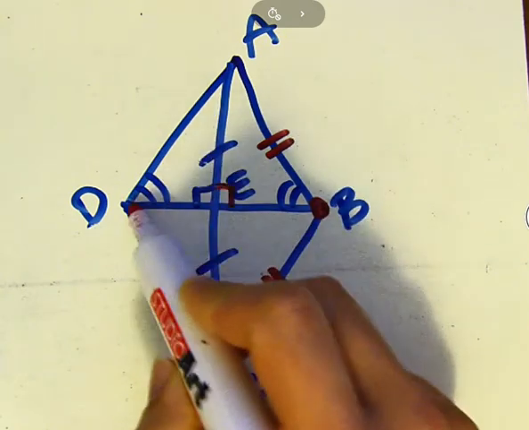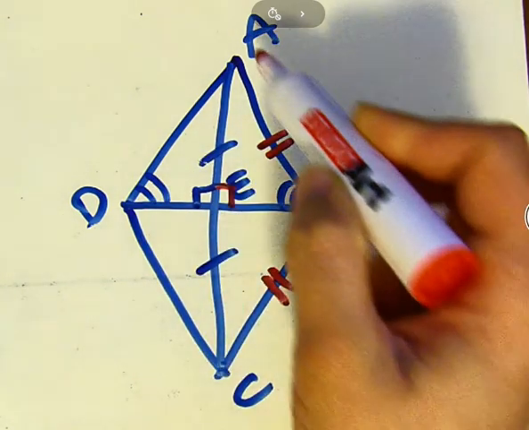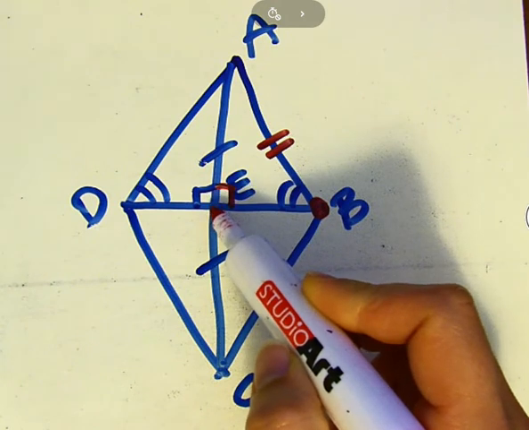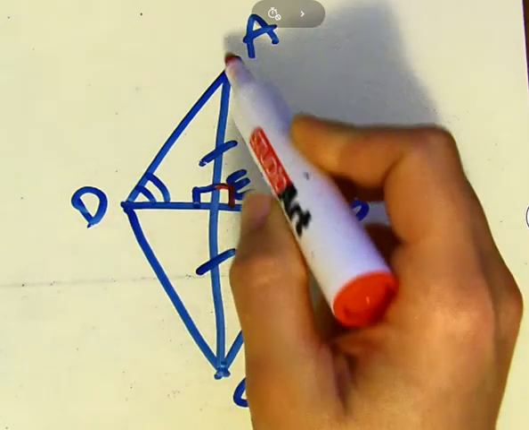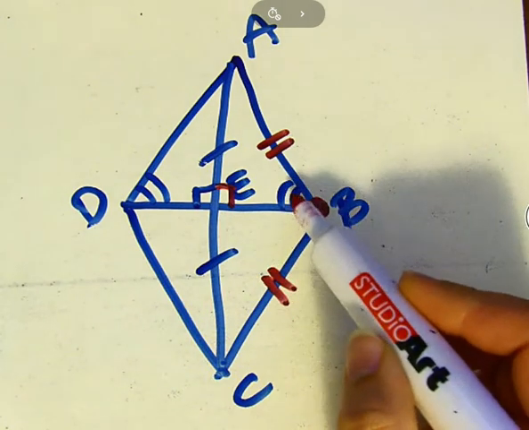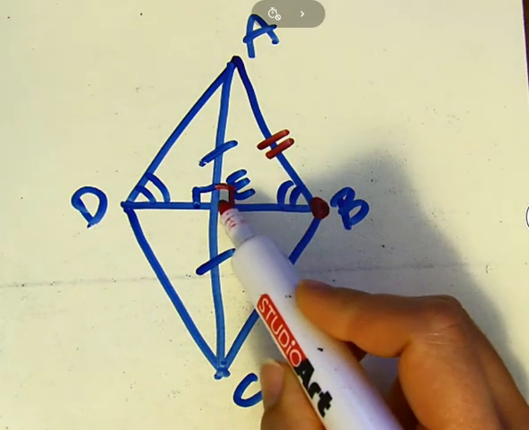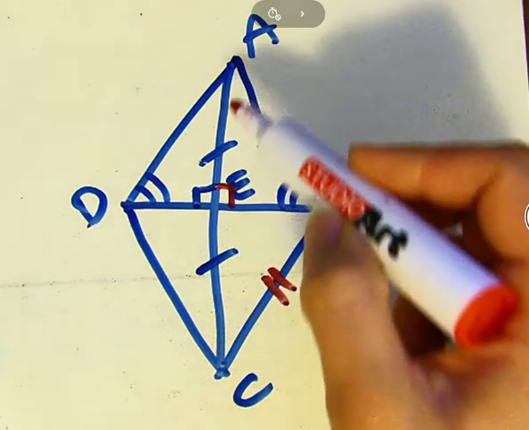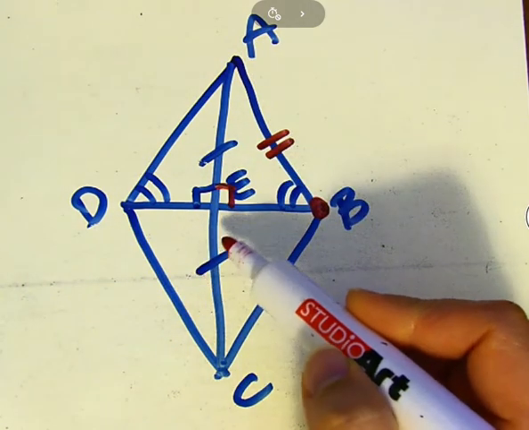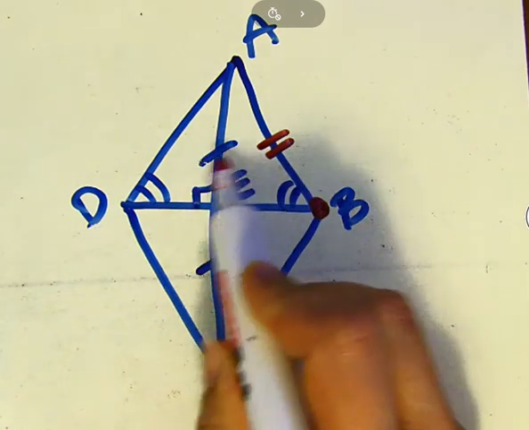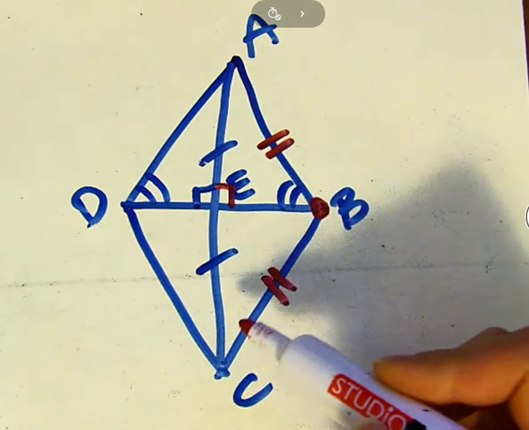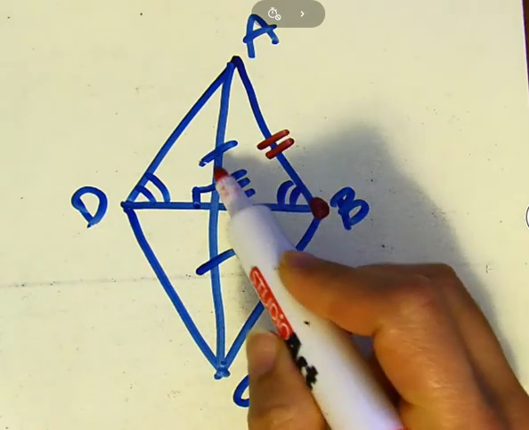Since angle ADE is congruent to angle ABE because it's given, and angles AEB and AED are both right angles because of the definition of perpendicular lines, and I know that they share AE by the reflexive property, it's congruent to itself, then these two triangles, AEB and AED, are congruent by AAS.